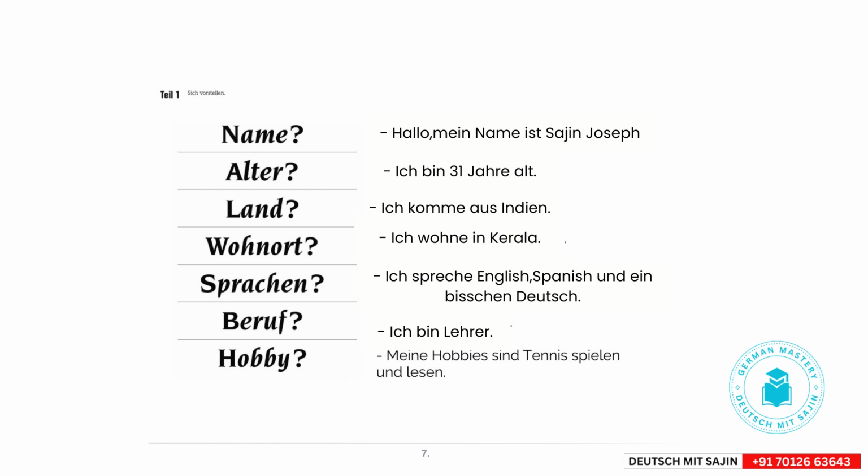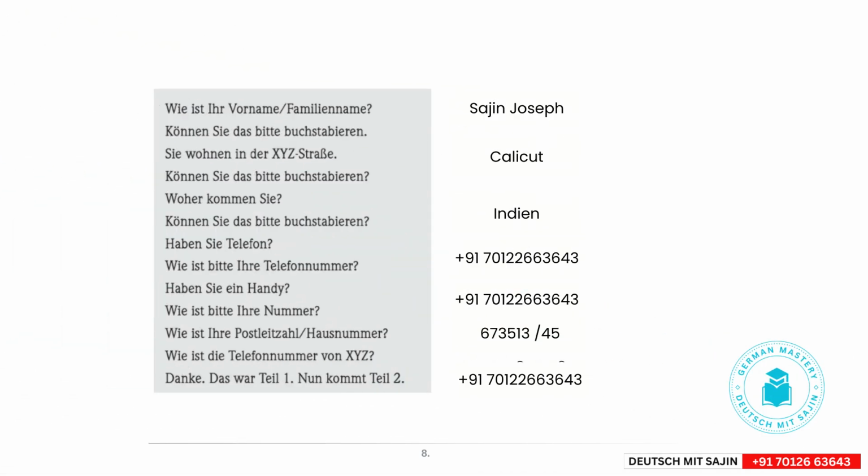Just listen. Wie ist Ihr Vorname oder Familienname? Name ist Sajin Joseph. Können Sie das bitte buchstabieren? S, A, J, I, N. Wo wohnen Sie? Ich wohne in Calicut. C, A, L, I. Woher kommen Sie? Ich komme aus Indien.